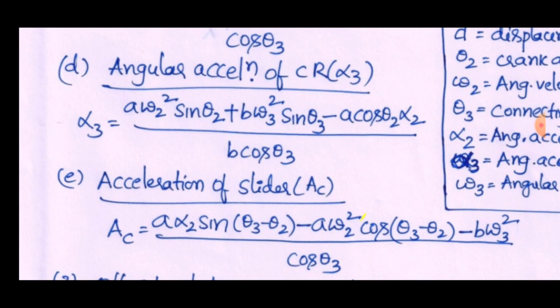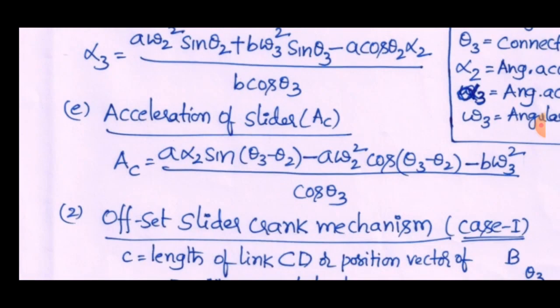Next, find the acceleration of the slider, that is the linear acceleration of the slider, A suffix C, because the slider is a sliding component which slides on the guideways.